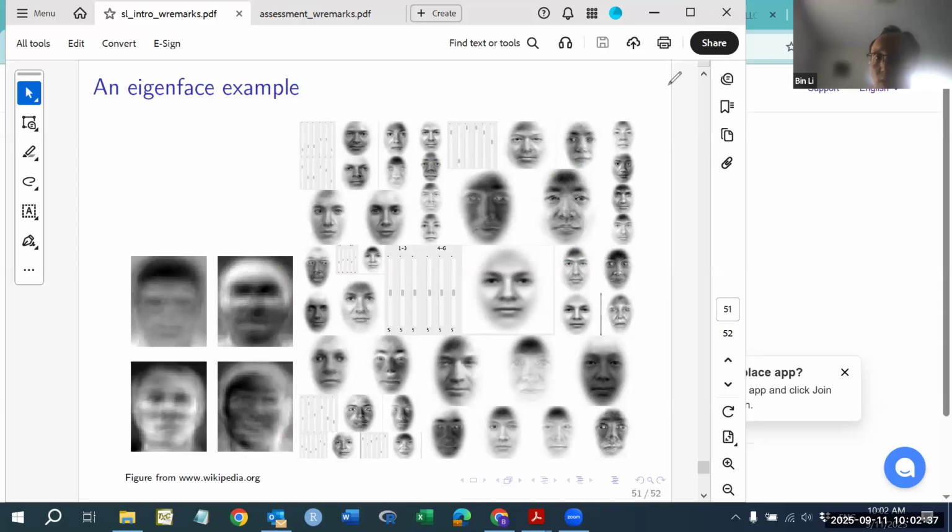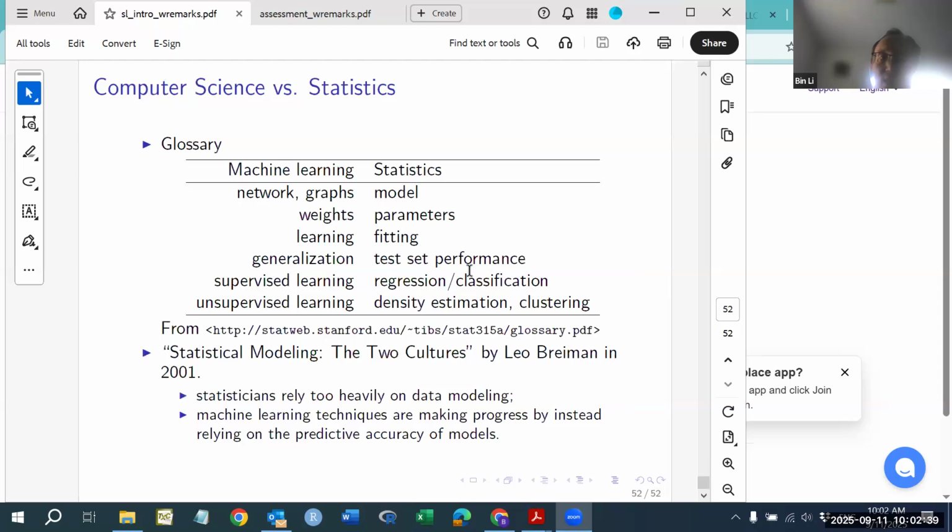Okay, so the last slide just shows you the different language between computer science and statistics.